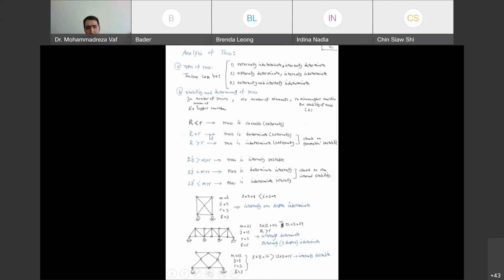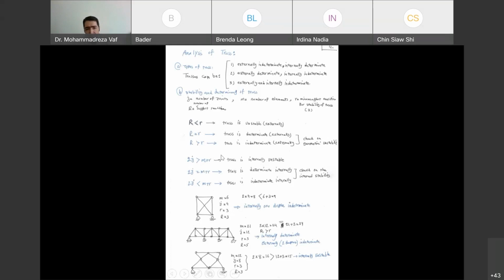If you have watched the video, you can see that I have mentioned that trusses can be internally determinate or internally indeterminate, and externally determinate or externally indeterminate. On this page, I have shown how you can understand whether your truss is internally determinate or indeterminate. Besides determinacy, we also have instability inside the trusses.